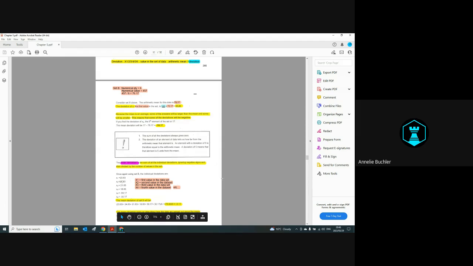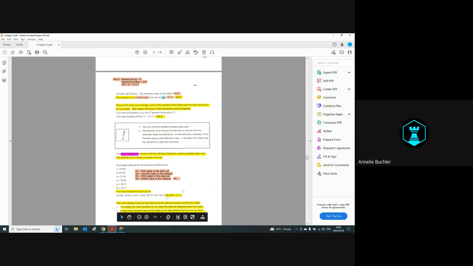If you work out all your individual deviations and add them all up, it will come to 178.66. You divide it by 6 because there are 6 individual deviations, and your mean deviation will be 13.11 for that exercise.